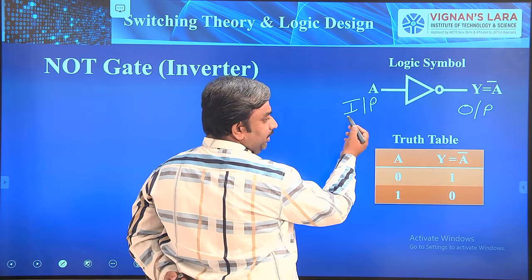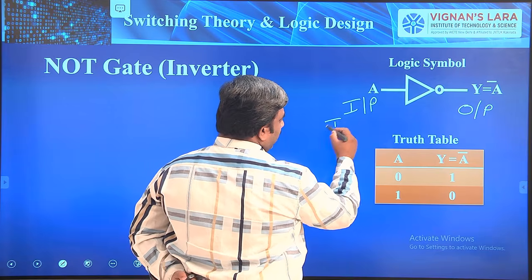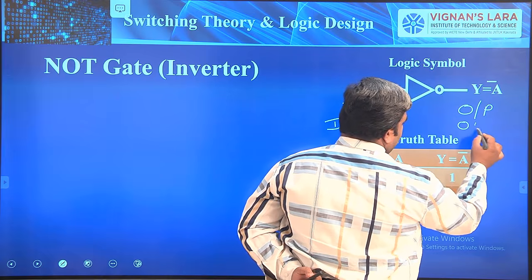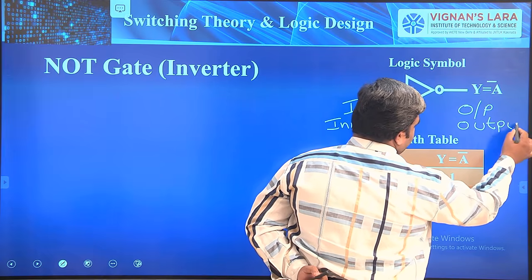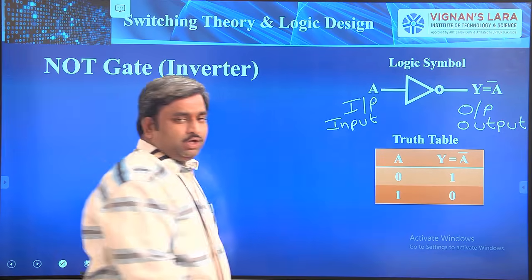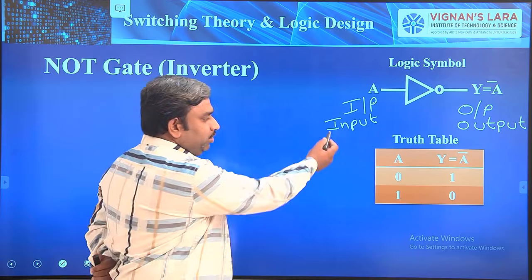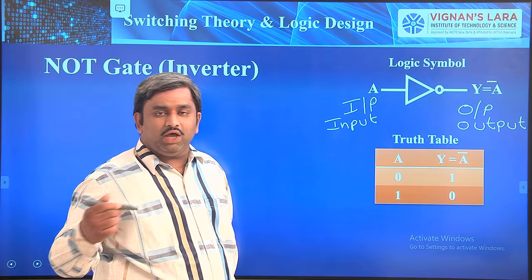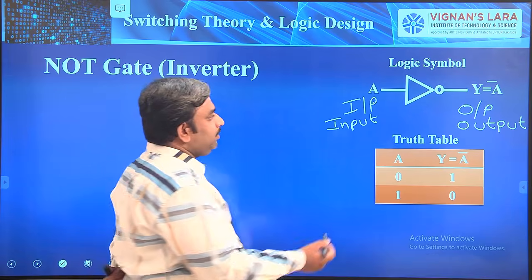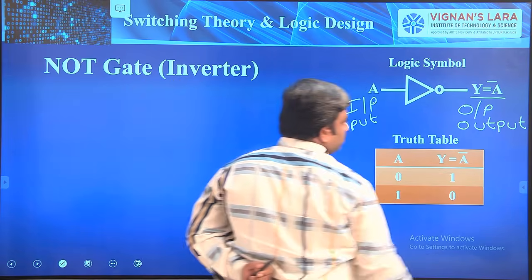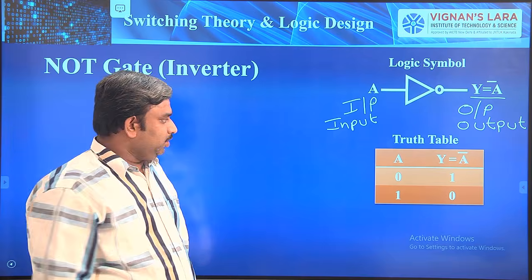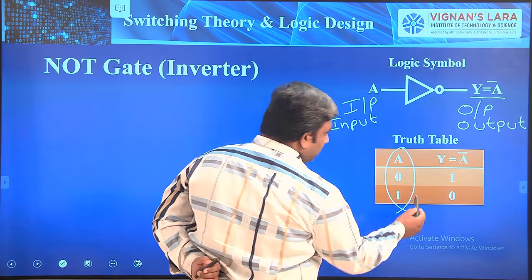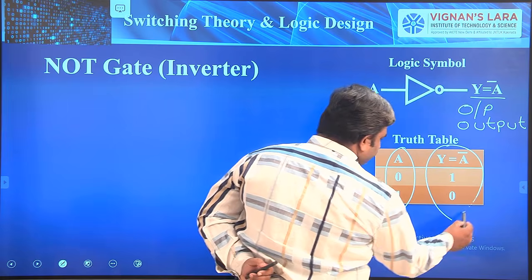I am representing input by I for shortcut. The input enters the system, it processes, and it gives the output here. The Y is nothing but the output. So here we represented the input section and here the output section.